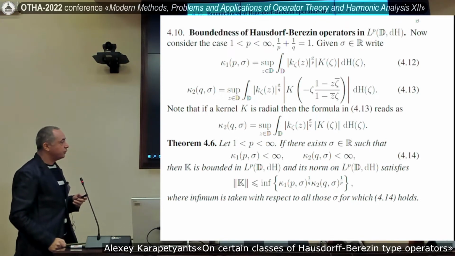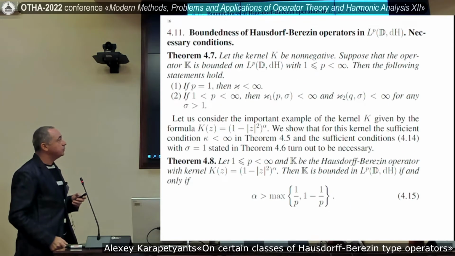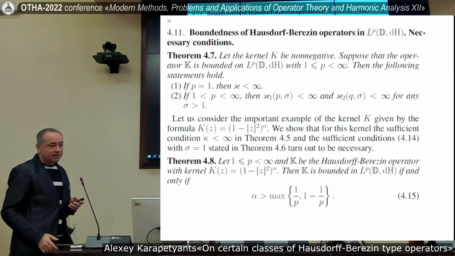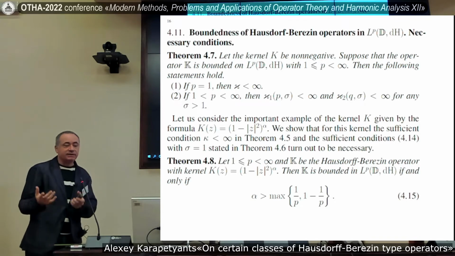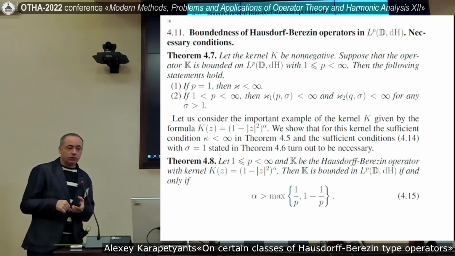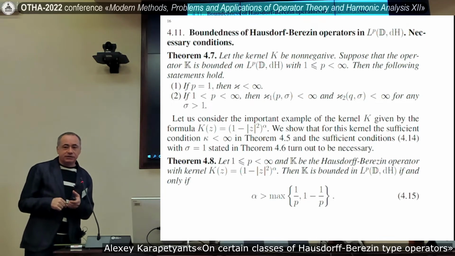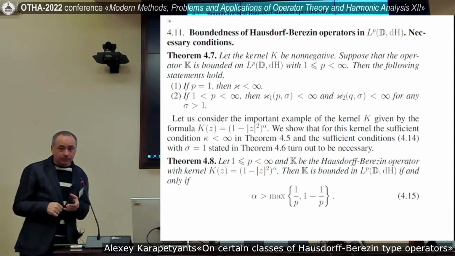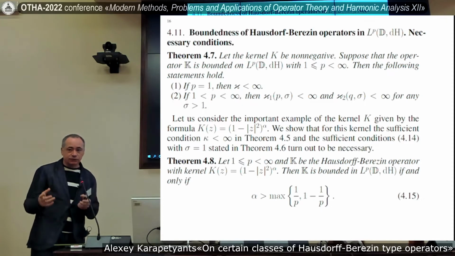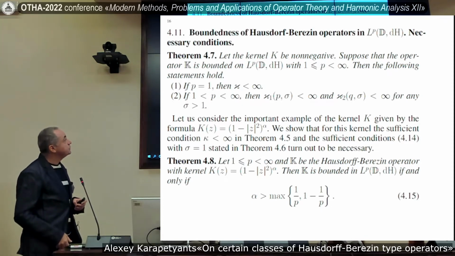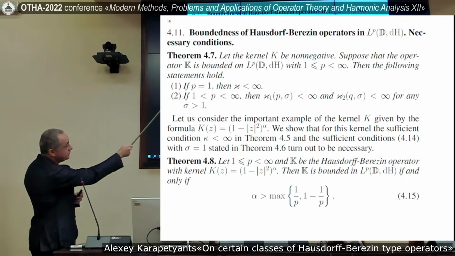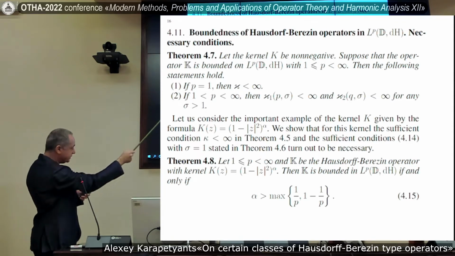Of course, when you prove boundedness, you also think about necessity. But similarly, as in the case of operators with general kernels, you cannot prove, at least we cannot prove, necessity for a general situation, but as in the case of homogeneous kernels, we can prove necessity in case of non-negative kernels.